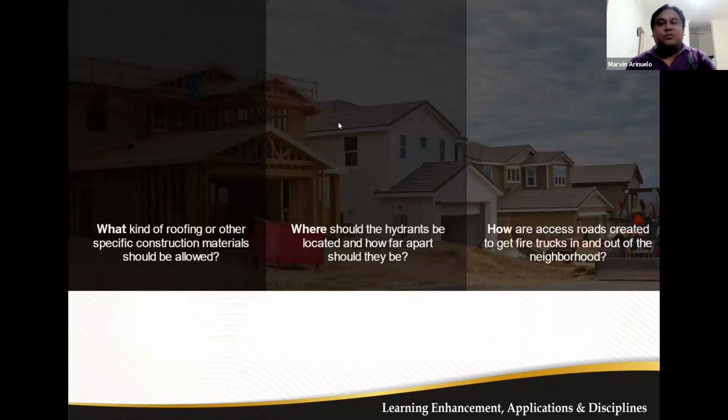The following things we need to consider are what kind of roofing or other specific construction materials should be allowed. Another question is where should the hydrants be located, which is a form of fire suppression equipment, and how far apart should they be? And another important question is how are the access roads created to get the fire truck in and out of the neighborhood in case of emergency or fire?